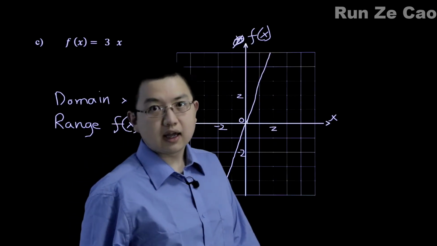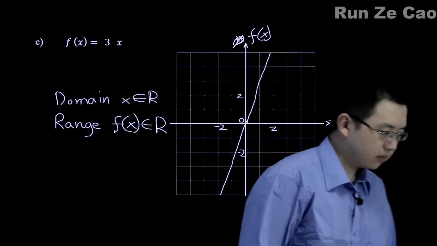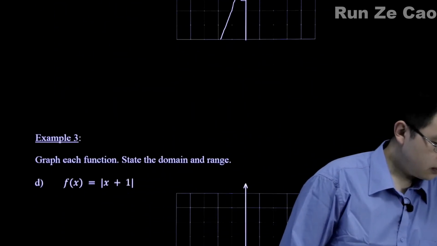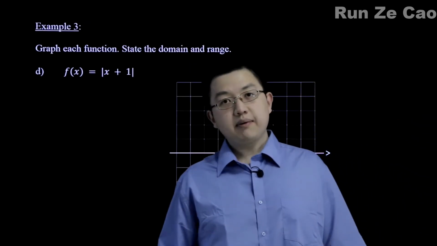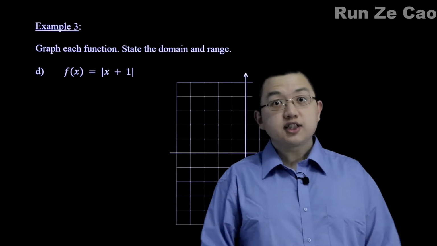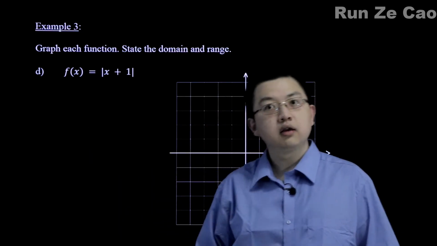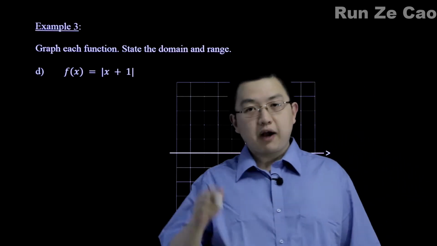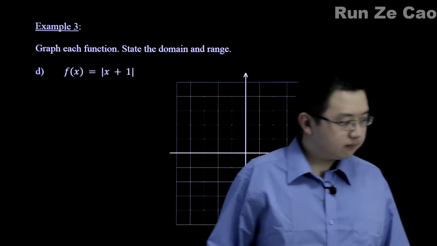Well, the domain is x equals 3. And of course, if the range is limited, then sometimes you end up with something like y equals 4. Well, the range is going to be set 4. Set. The brace brackets, or big brackets as some people call them, are used for sets.